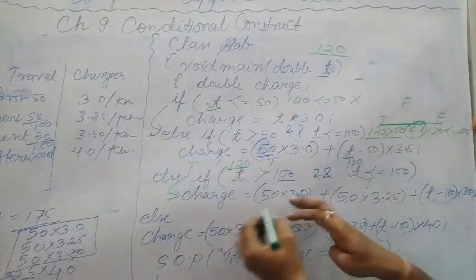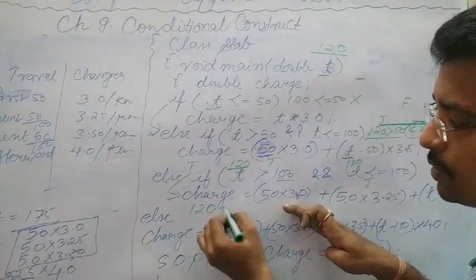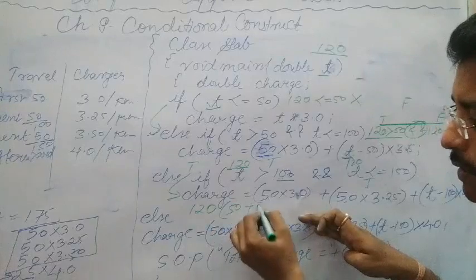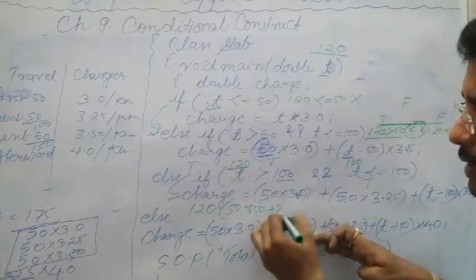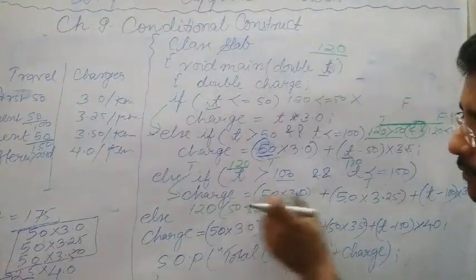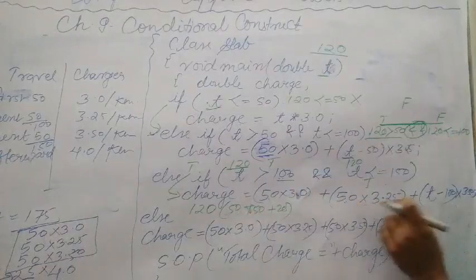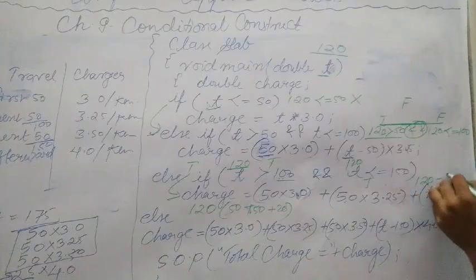Now see what is happening. 120 will be divided this way: starting 50 plus 50 plus 20. The same way we have done. Starting 50 will be multiplied with 3 rupees. Next 50 will be multiplied with 3.25 rupees, and whatever remained, that is 120 minus 100.